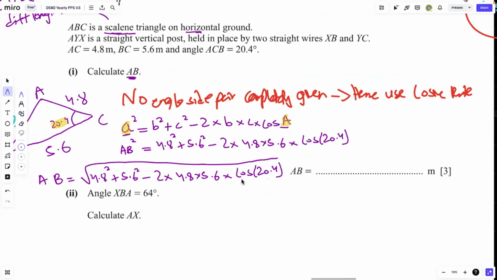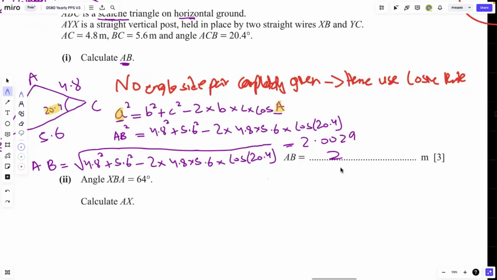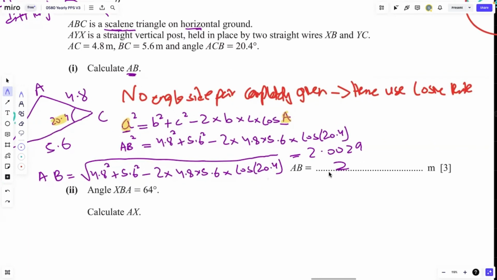Plus 5.6 squared minus 2 times 4.8 times 5.6 times cos of 20.4. Bracket close, and we're getting it to be 2.0029, and to three significant figures it's just going to be 2 as the final answer. This is where we stop. So you have 2 meters as the length of AB.